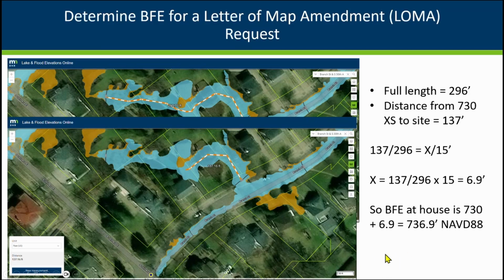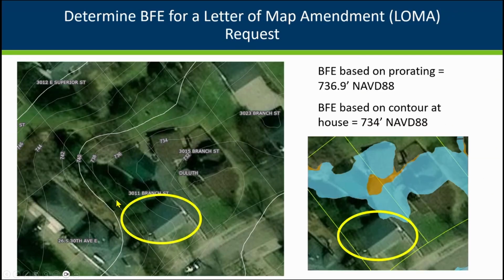And if you're working with this and need help, that's something you can be reaching out to those of us in the floodplain program to make sure you're understanding the math you need to do. But then I thought, well, let's look at what the contours show. And our contours don't get, when I zoom in more, they're not as clear. I did use the county viewer here. And here's that same site.